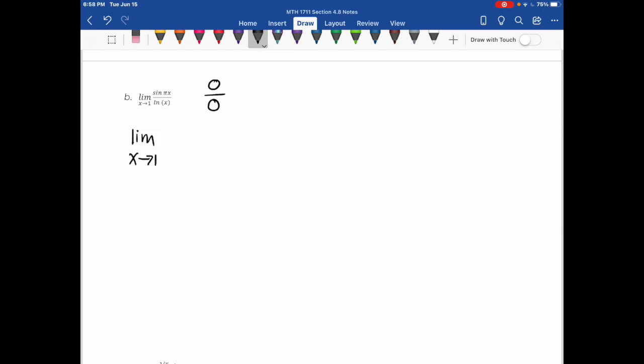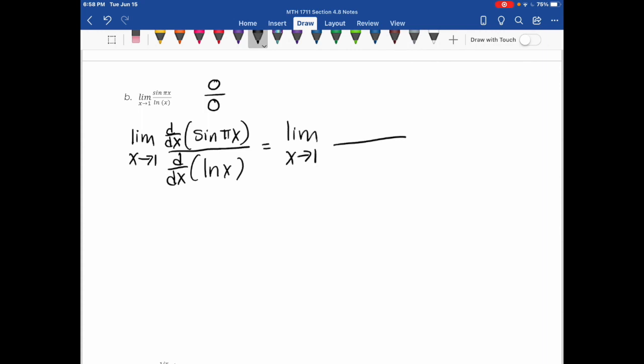So I'm going to take the limit as x approaches 1. I'm going to take the derivative with respect to x of sine of pi x over the derivative with respect to x of the natural log of x.